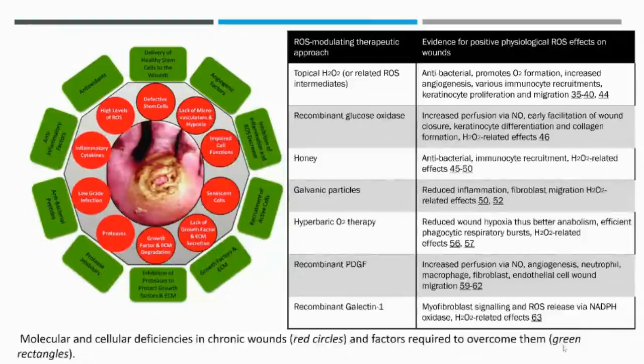And as you can see in the table over here, there are outcomes that are beneficial in the context of healing. They are antibacterial. They promote healing characteristics. They allow proliferation to happen. They allow migration to happen. They allow recruitment of immune cells, both innate and adaptive, to allow healing events to happen. They help fibroblasts change their phenotype to myofibroblasts.